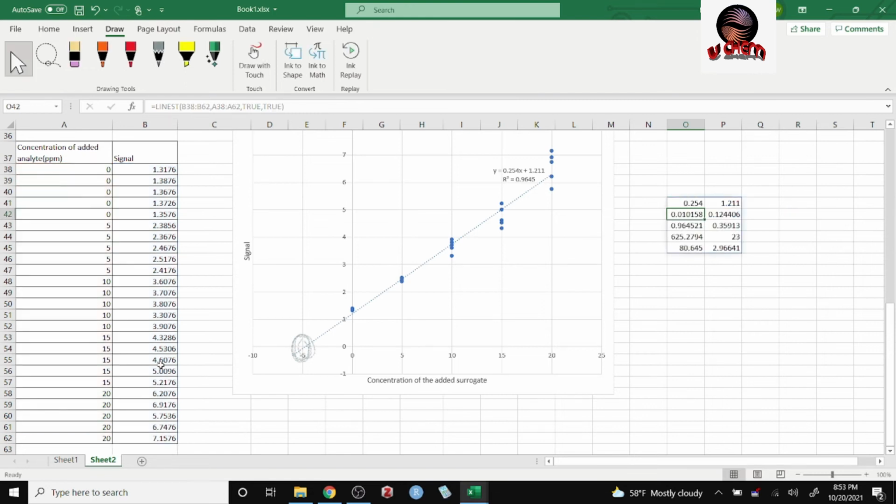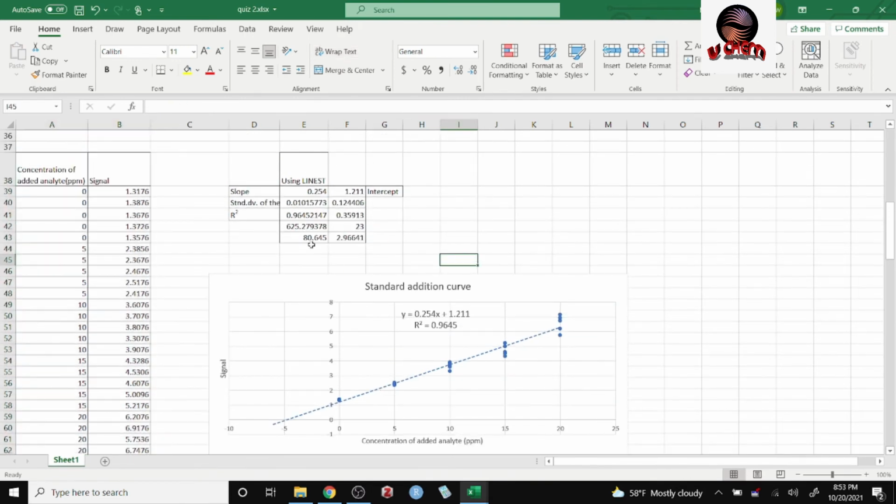Here you go. I have used the LINEST function, right?